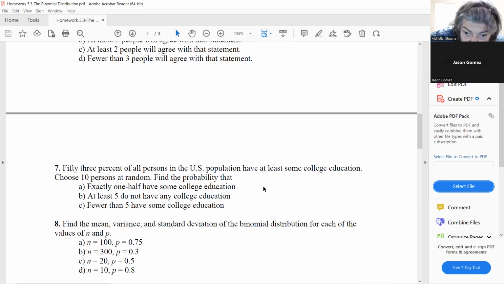It's not changing this P. It is a portion of however many you're choosing from. Exactly 1/2 of the people that you choose, well, you chose 10 people, half of 10 is 5, right? Now that's exactly 5. So what are we going to do to find that? Times it by 10.